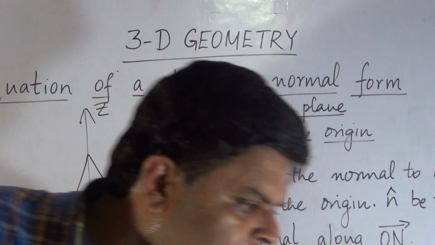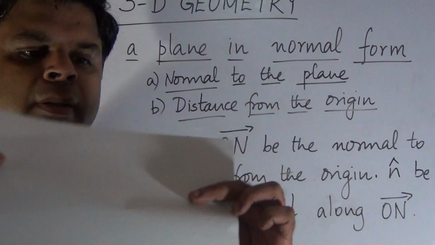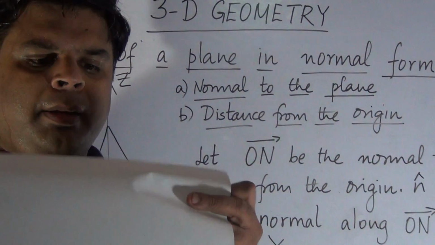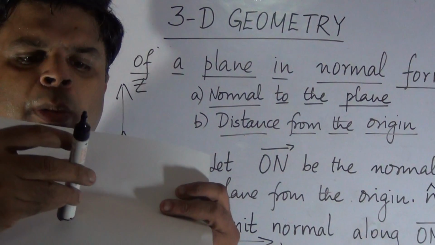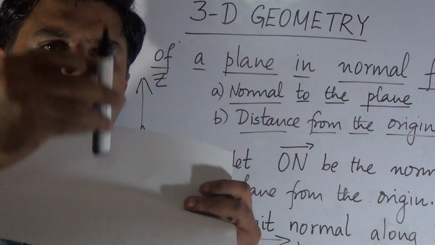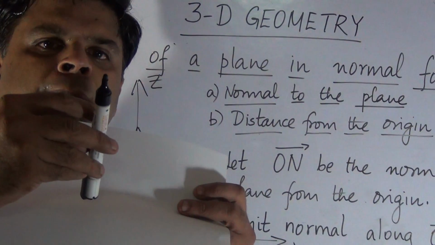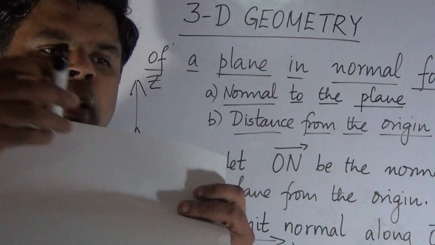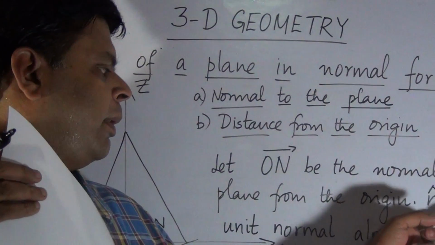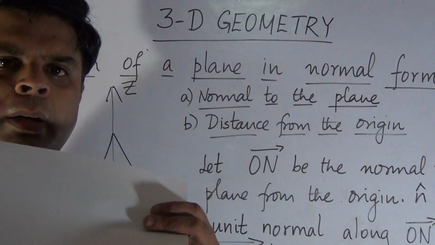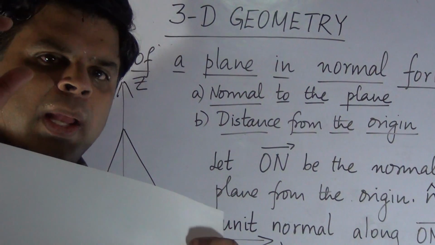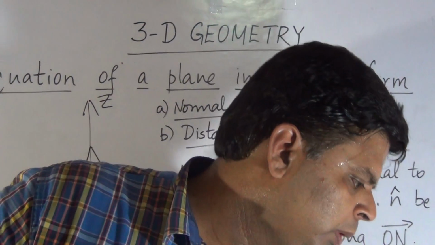I have this plane somewhere like this, and from the origin the normal is coming through this plane, and I want to find N cap, which is the normal vector of length 1. So I will call that the unit normal.